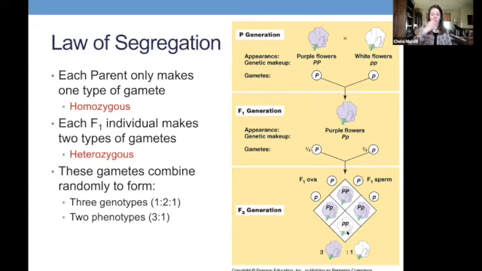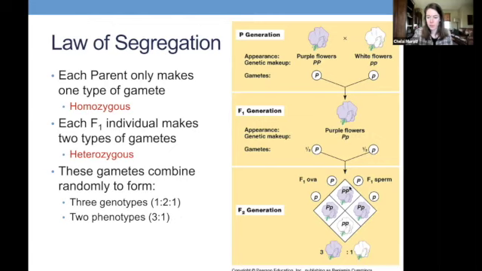So if we have a simple dominance scenario, which is what we'll always talk about today, where you just have two alleles coding for a trait like flower color, and a dominant or a recessive trait, you'll always end up with this ratio of genotypes: one homozygous dominant, two heterozygotes, and one homozygous recessive. That will result in 3 purple flowers and 1 white flower.